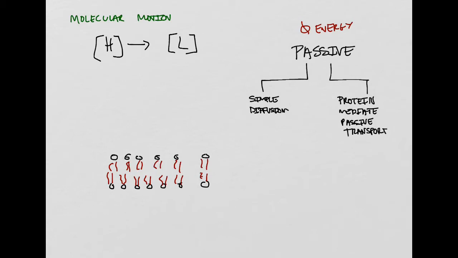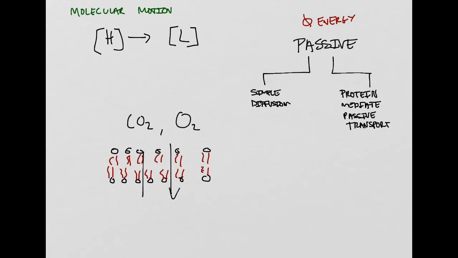So there are constantly teeny tiny little pores opening up through this membrane, and this allows the diffusion of small uncharged molecules. For an example, CO2 is a small uncharged molecule, and oxygen, O2, molecular oxygen, that's another small uncharged molecule. These things can move through the phospholipid bilayer down their concentration gradient.